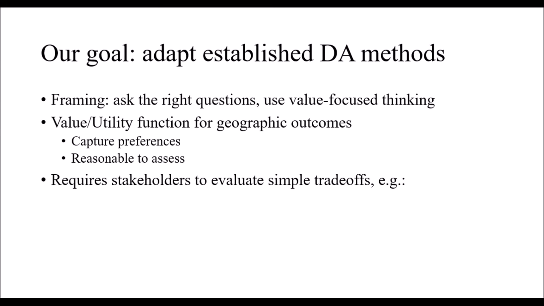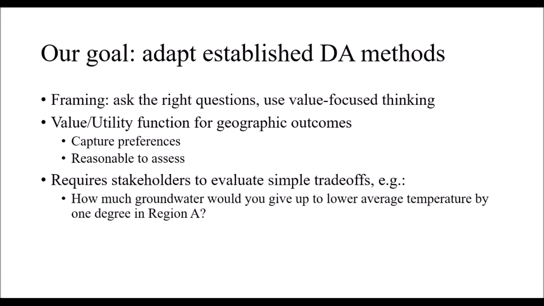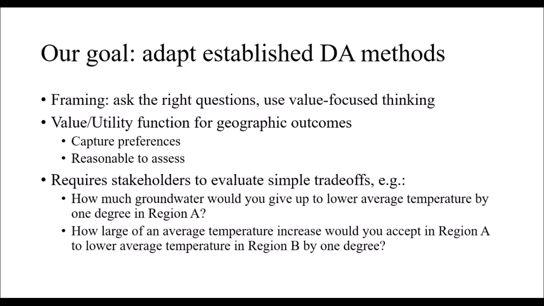So ideally, we want stakeholders to be able to evaluate simple trade-offs, and that could be trade-offs between attributes, like how much groundwater would you give up in this region to lower the average temperature by 1 degree, also trade-offs between regions. Right, so how much of a temperature increase would you accept in one region to lower the average temperature in another region by 1 degree?